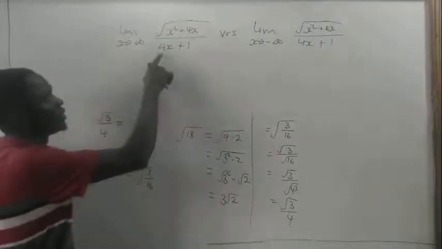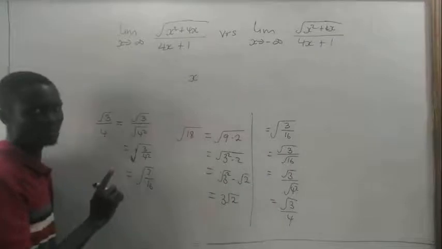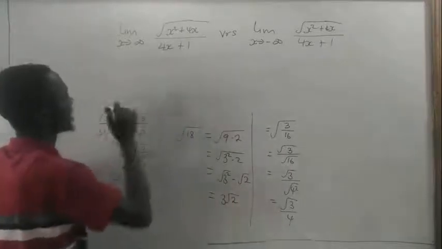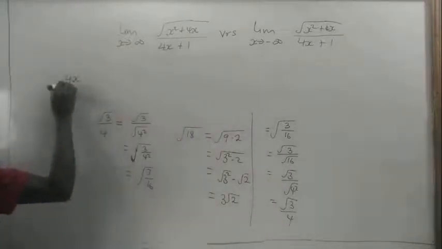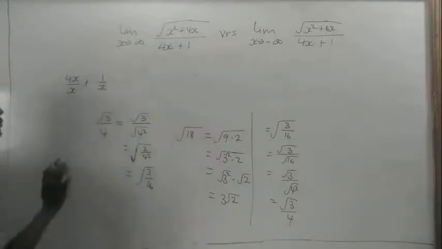So here, if we look at the denominator, the highest power is x. So we will take 4x and divide it by x, plus 1 and divide it by x. So in this case, you don't have any problem.